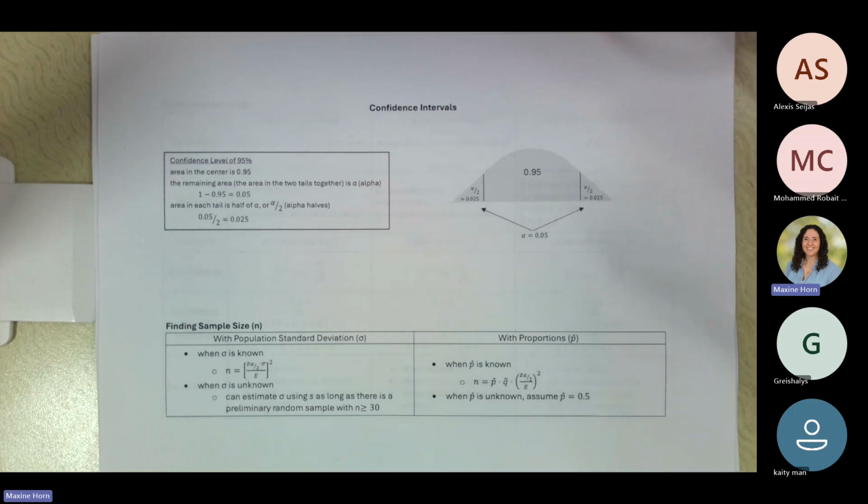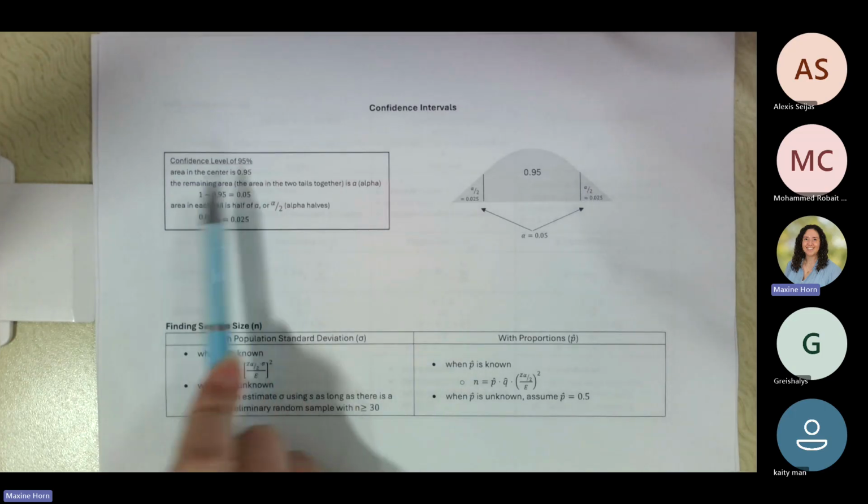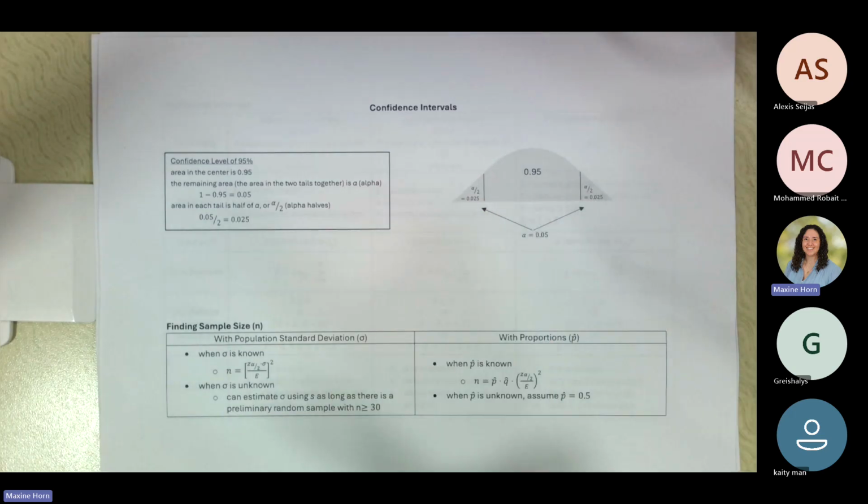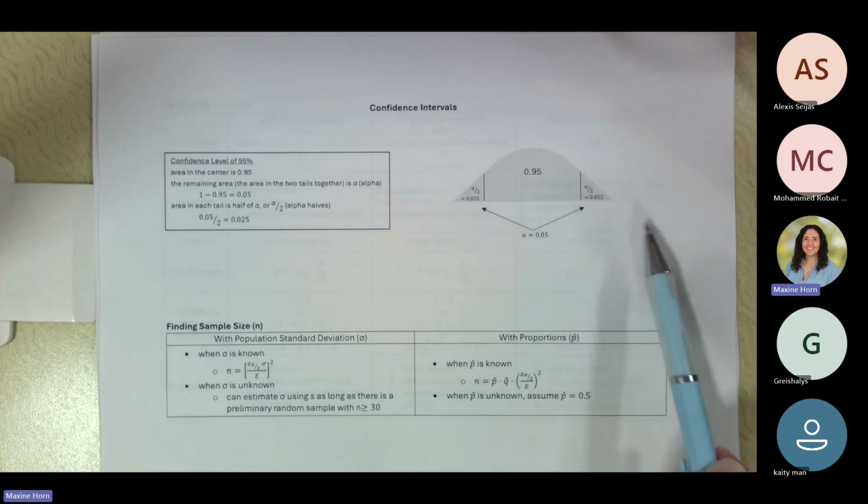So when we talk about a confidence level of, and I used 95% as an example, but this is the same process no matter what percentage you have, what that means is that you have an area in the center. The area in between these lines is 95% or 0.95, because remember the area under the curve is 1.